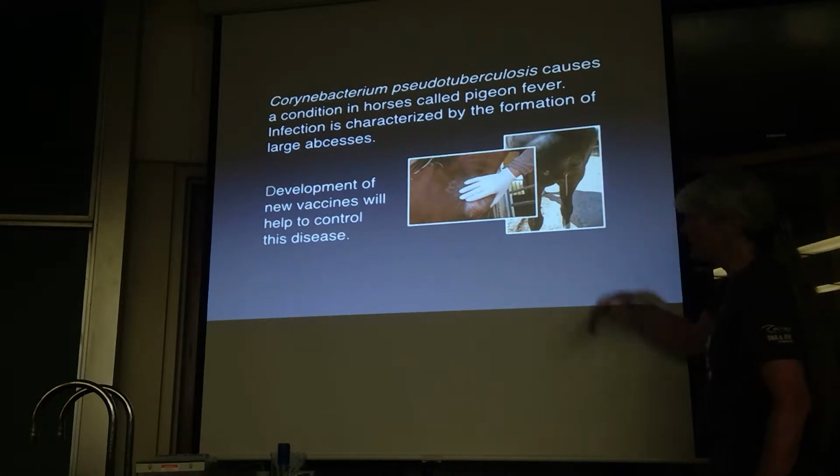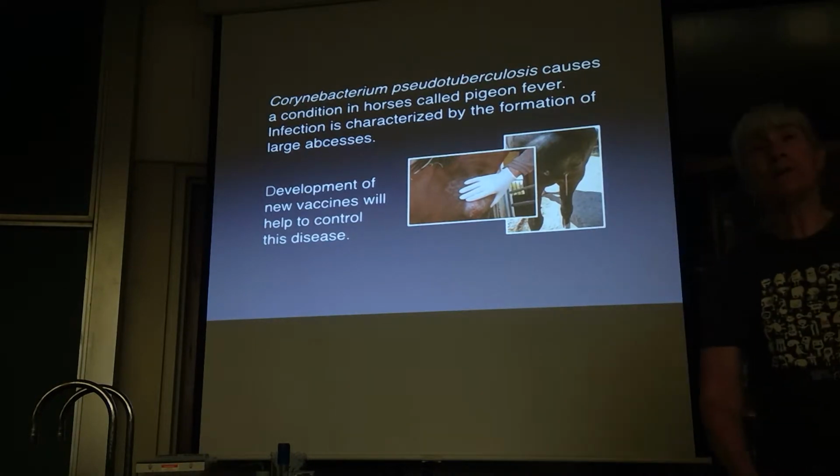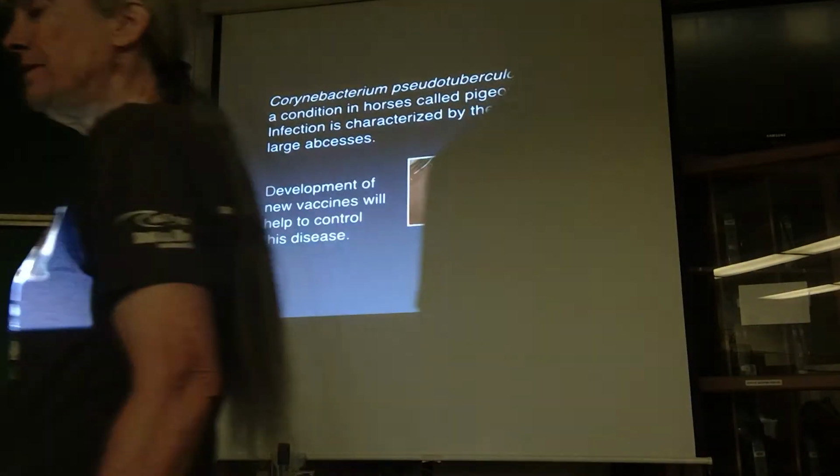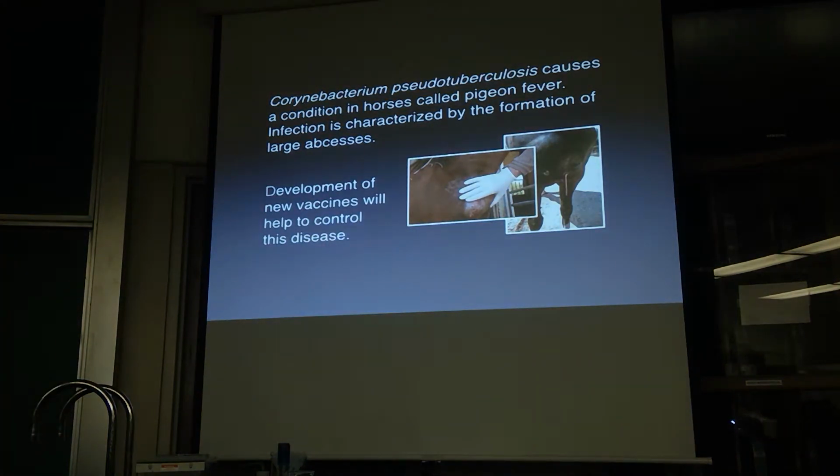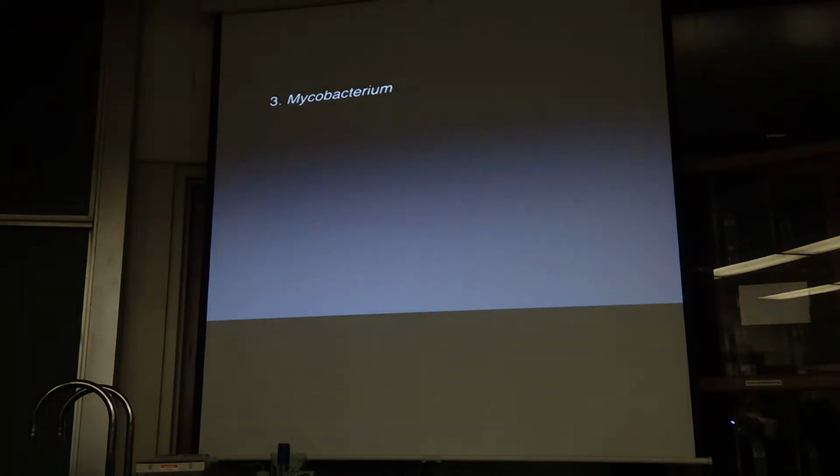This stuff will fall back onto the soil, and then you have more Corynebacterium in the soil. So it's pretty nasty. Apparently, there is a vaccine that has been recently developed to control this because it's quite problematic otherwise. There are lots of other Corynebacterium.